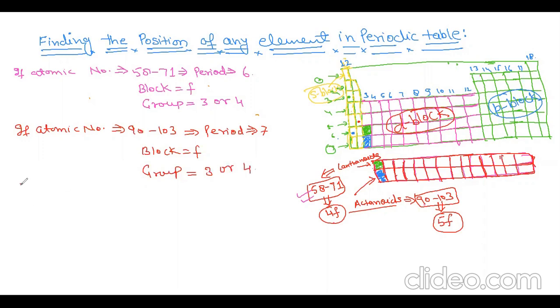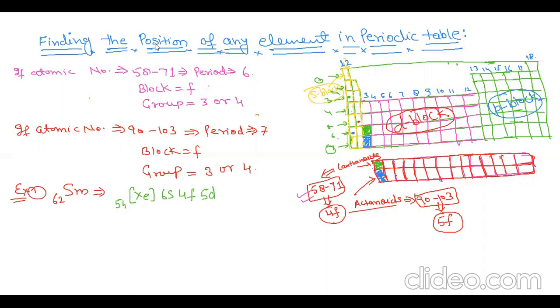Now I am taking one example for each one. Example number 1, I am just taking element Sm 62. Before that Sm, we know that xenon is there, 54, then 6s, then 4f, then 5d.